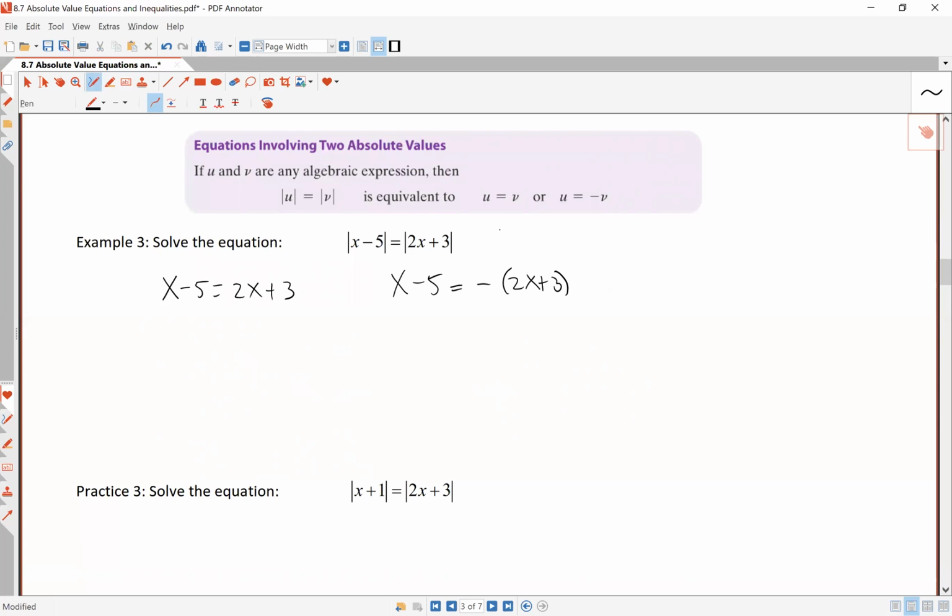This one I'll solve by subtracting x from both sides and subtracting 3. This one we'll have to distribute the negative across.